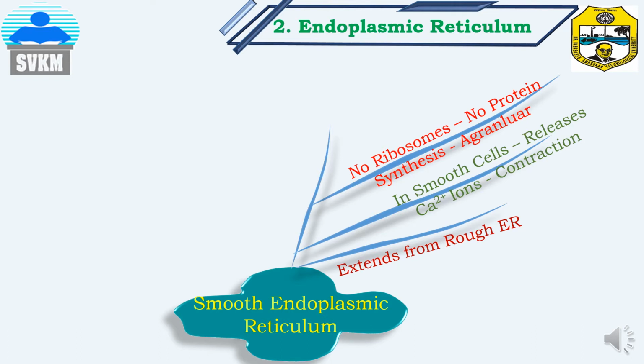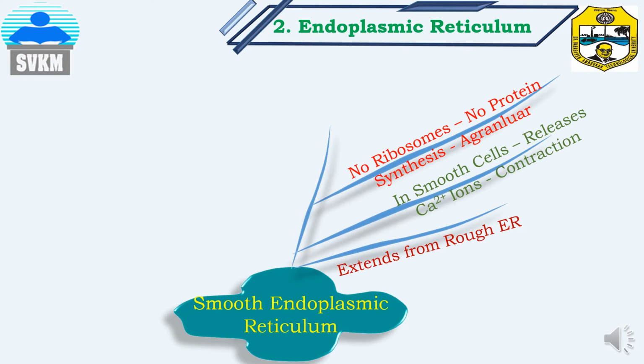The smooth endoplasmic reticulum does not contain ribosomes. That is why there is no protein synthesis, and therefore the smooth endoplasmic reticulum is agranular in nature, whereas the rough endoplasmic reticulum contains ribosomes.